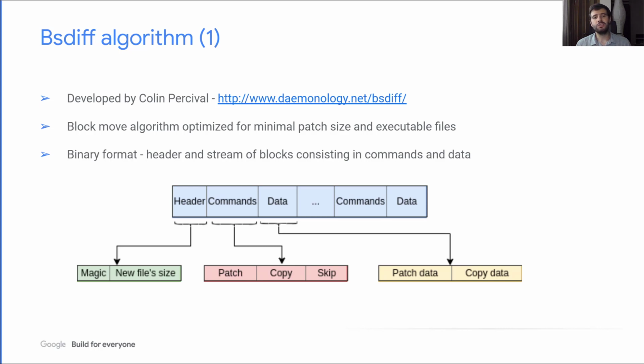Since the diff is computed on the server, which has enough resources, in this presentation we will be focusing on patching, which is done on the device running in a constrained environment. BSDiff uses a binary format consisting of a header and a bunch of blocks that include commands and data.